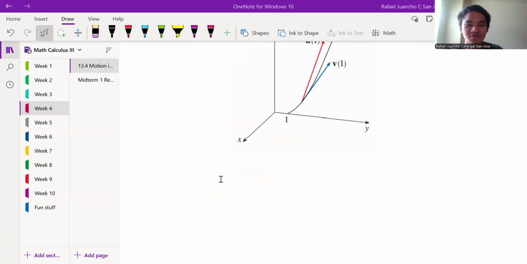So based on how you parameterize your curve, it will affect the velocity, the speed, and acceleration. You can think of the curve as a road and a parameterization as describing how you travel along that road.